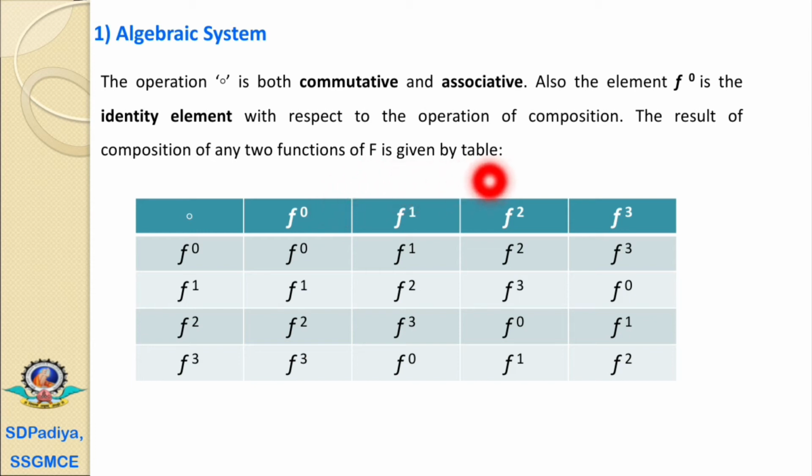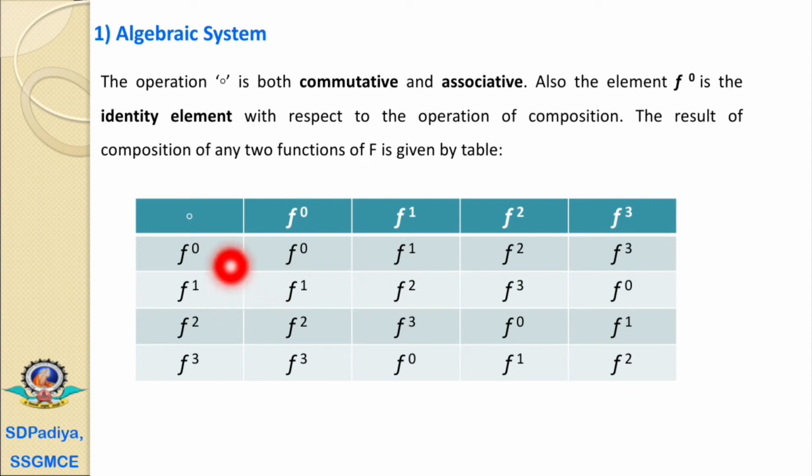You can check in our previous derivation that f raised to power 0 composed with f raised to power 0 is f raised to power 0, f raised to power 0 composed with f raised to power 1 is f raised to power 1, f raised to power 0 composed with f raised to power 2 is f raised to power 2, and f raised to power 0 composed with f raised to power 3 is f raised to power 3. That's why we say f raised to power 0 is an identity element, because it does not affect any other function when we perform this composition operation.